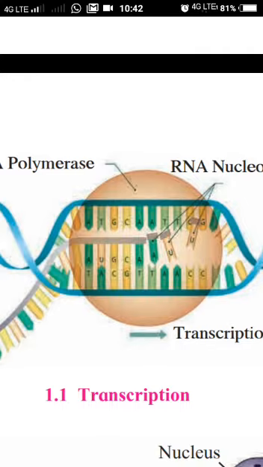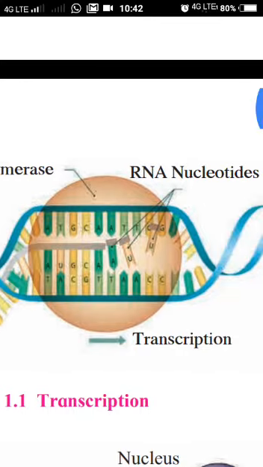So it is the formation of mRNA, that is messenger RNA, which is very important for the synthesis of protein. So mRNA plays a very important role in the synthesis of protein. So this DNA prepares the mRNA, and this is the transcription.